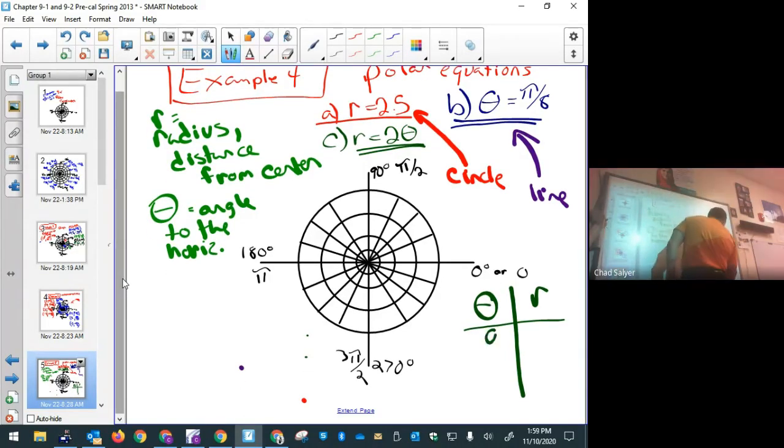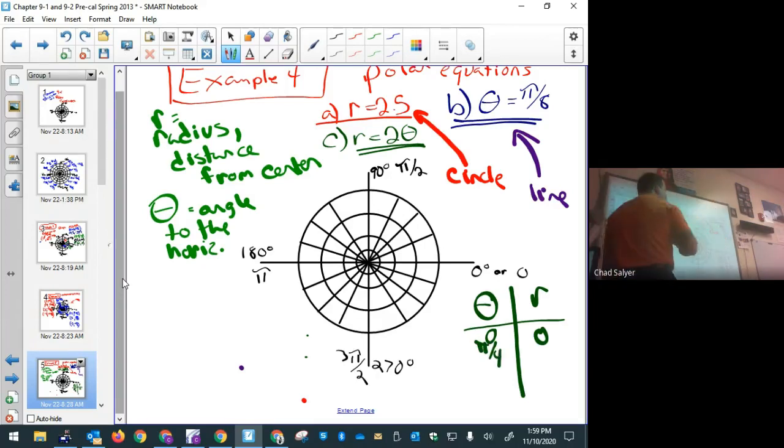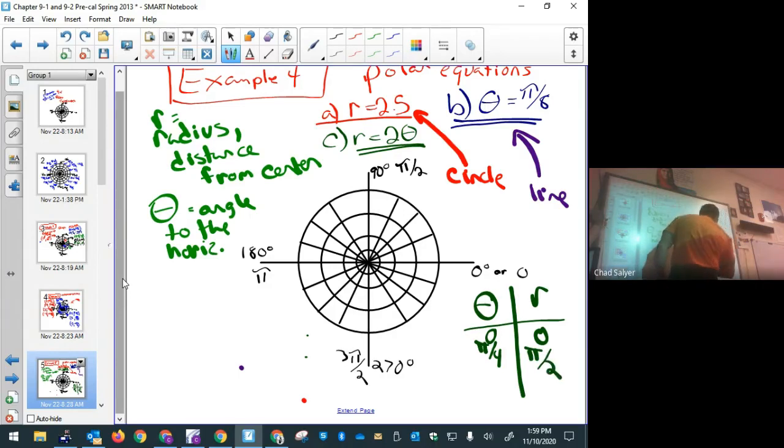So I'll pick 0, and 2 times 0 is 0. I'll pick pi over 4. Pi over 4 times 2 is pi over 2. I'm just plugging theta into this expression to get r, the same way you would do with y and x. And then pi over 2 times 2 is pi.